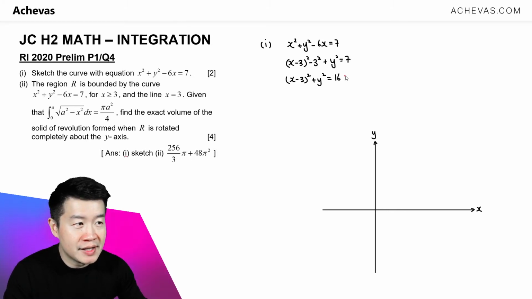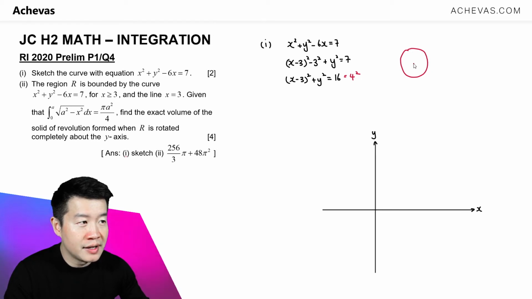Of course, we can see 16 as 4 squared, because this over here is a circle with the center at (3, 0), and the radius of the circle is 4.